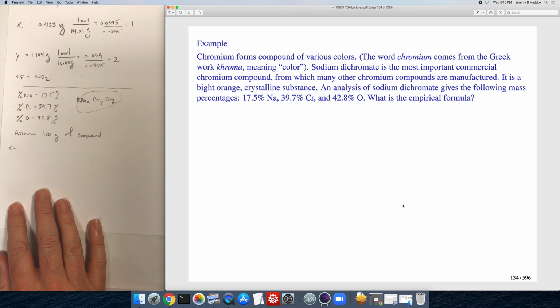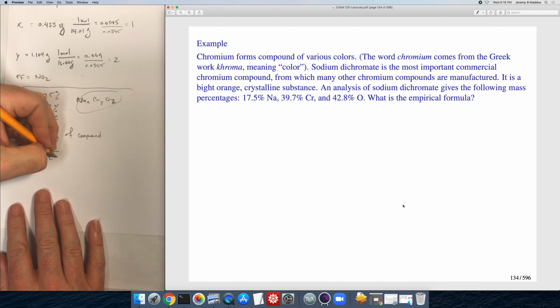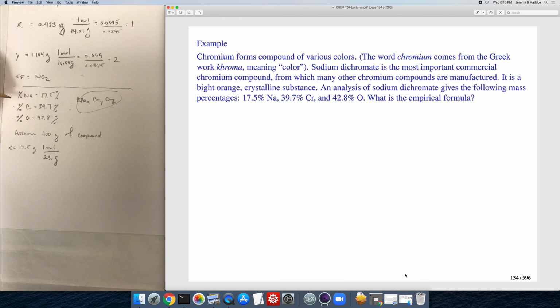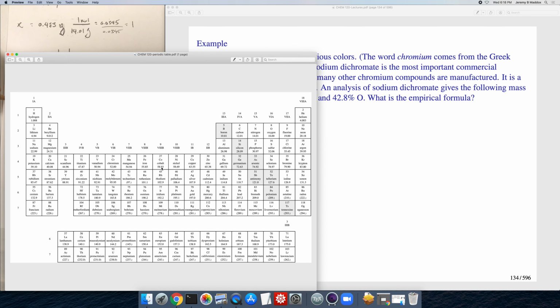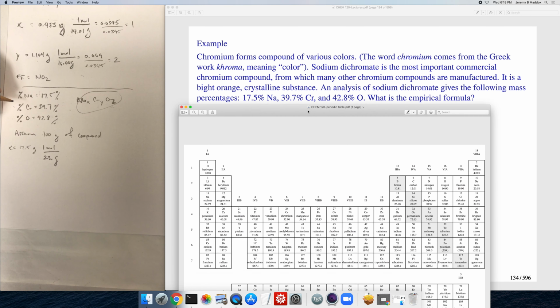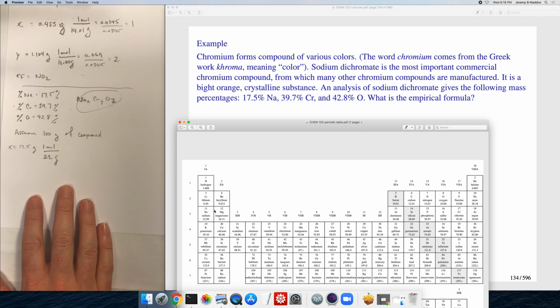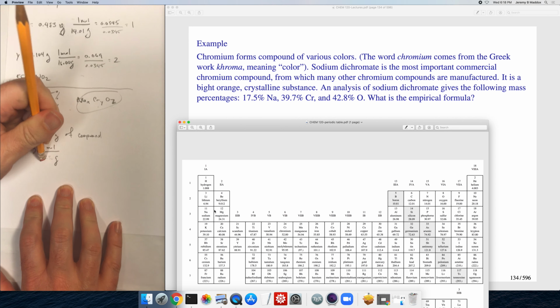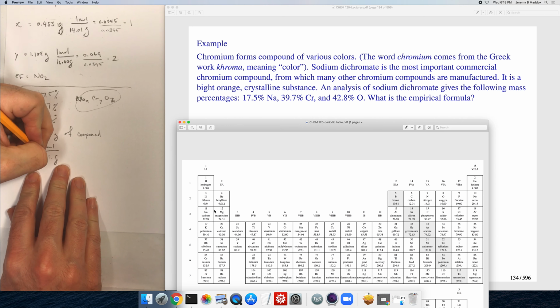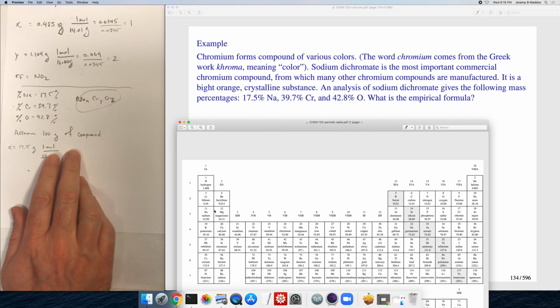We'll calculate the number of moles of sodium. I believe it's 23. I'm going to pull up my periodic table just so I don't mess this up. So for sodium, it's 22.99.